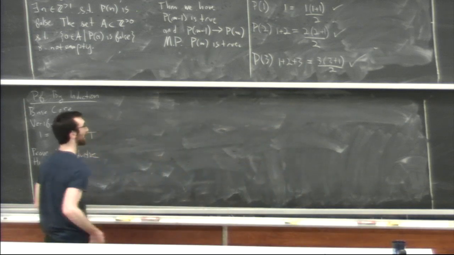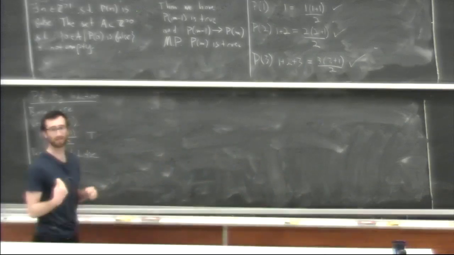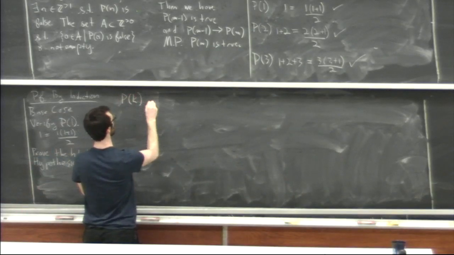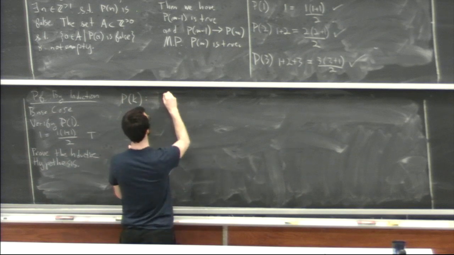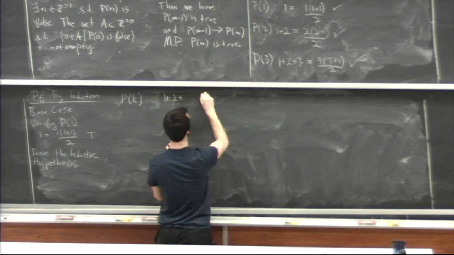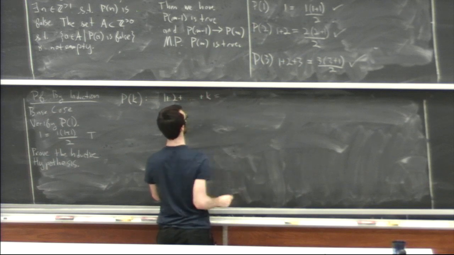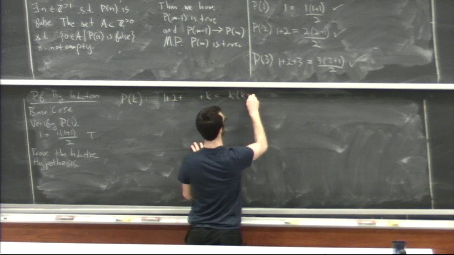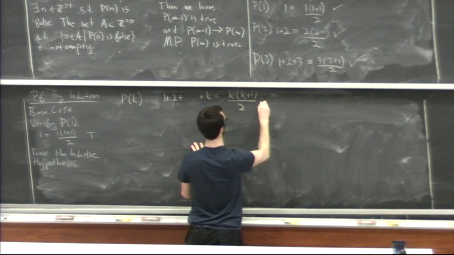So let me write out what the statement P of k is. P of k is the following statement. 1 plus 2 plus 3 plus 4 all the way up to k is equal to k times k plus 1 divided by 2.